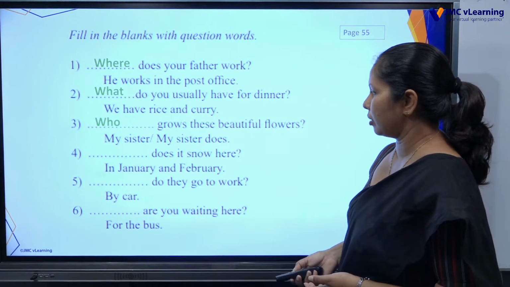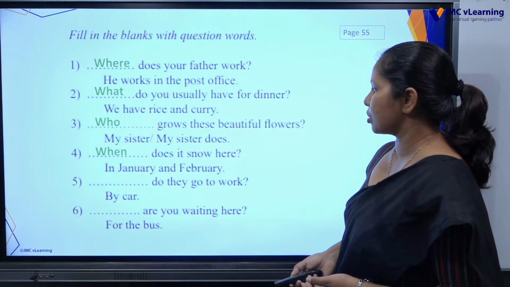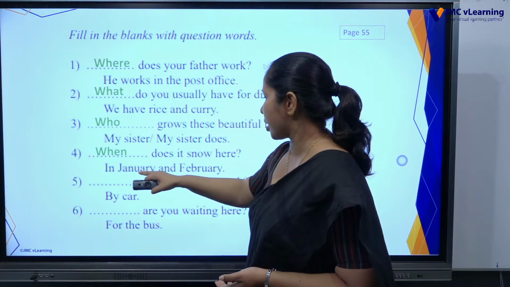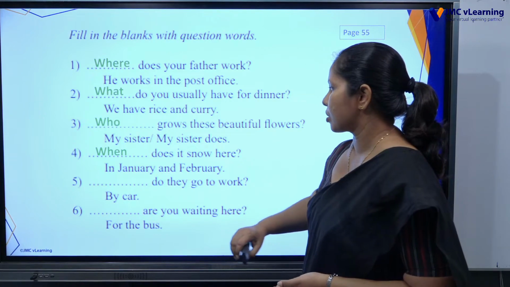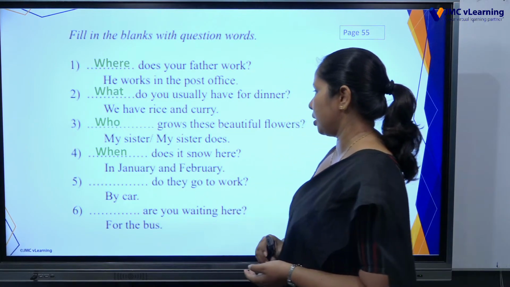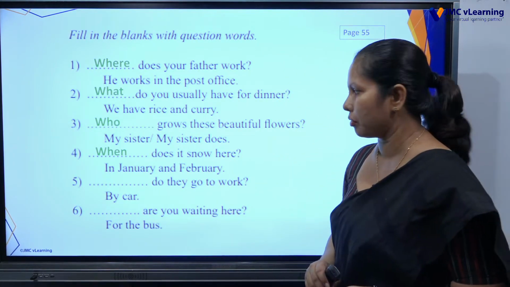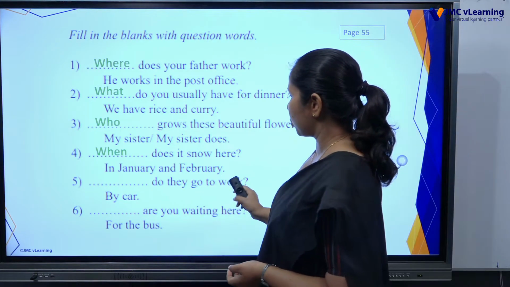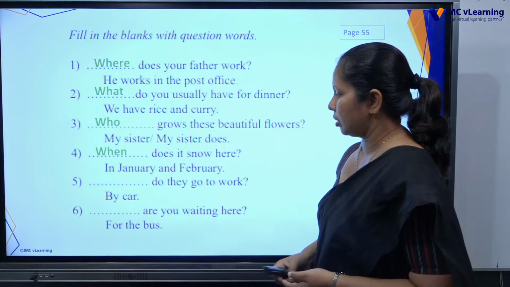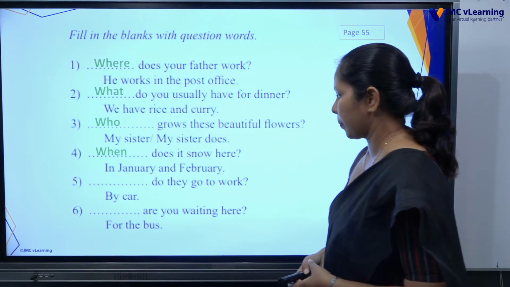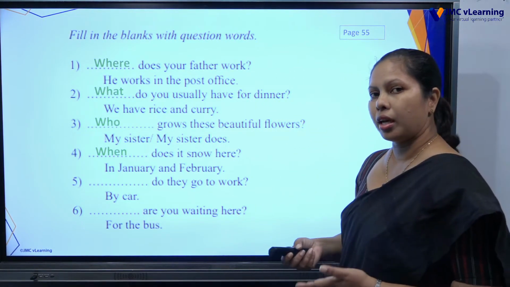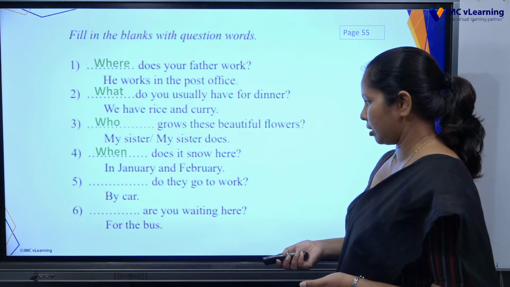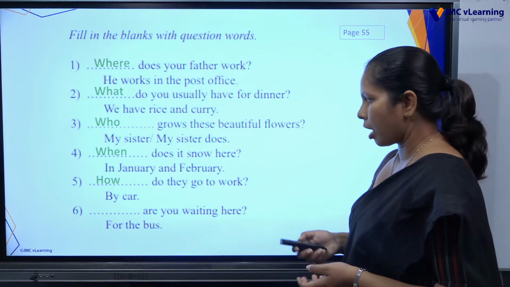The fourth one, when does it snow here? So, talking about a time period in January and February. So, when does it snow here? In January and February. The fifth one, how do they go to work? The answer is by car. That means they are asking, how do you go to work? So, the question word should be how.